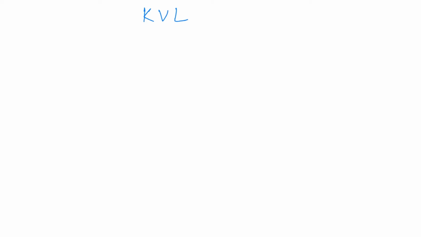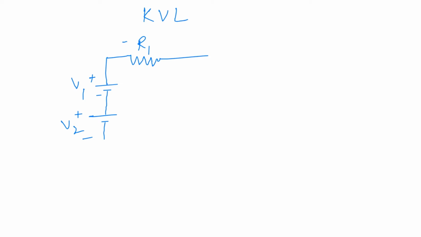So we have a resistance and some voltages, like V1 is voltage for this, and V2 is the voltage for this, and resistance R1 and resistance R2 is present in this circuit. So according to Kirchhoff's voltage law, what is the equation?